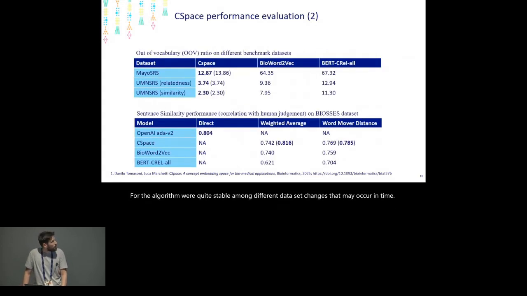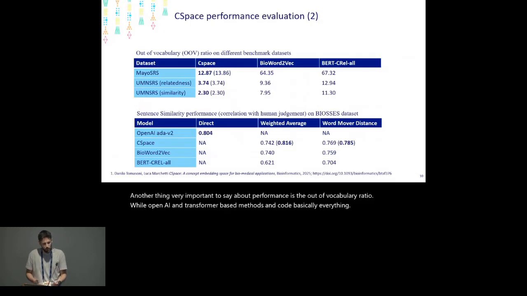Another thing very important to say about performance is the out-of-vocabulary ratio. While OpenAI and transformer-based methods encode basically everything, with Word2Vec-based solutions, we may have words that were not in the training set, so you cannot apply the model to them.